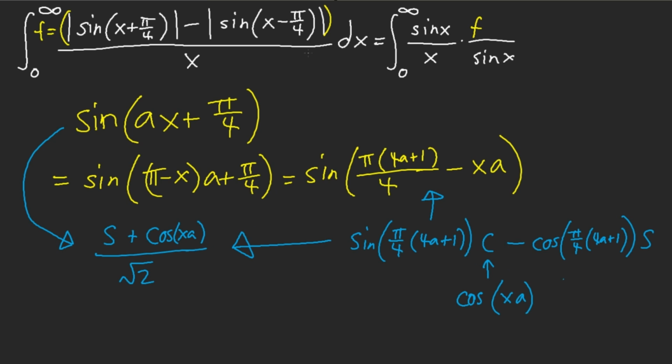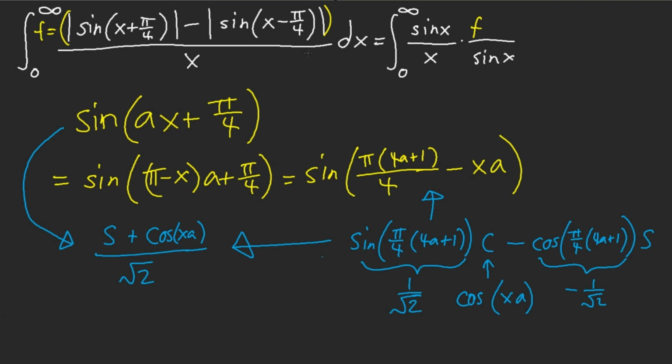So we want this to be a positive 1 over root 2. But how? And not only that, because we need a positive sign, this needs to be negative 1 over root 2. Cool. So that's what we want.